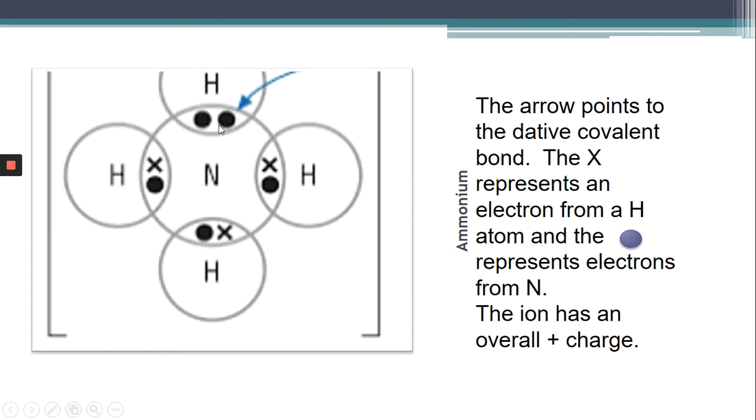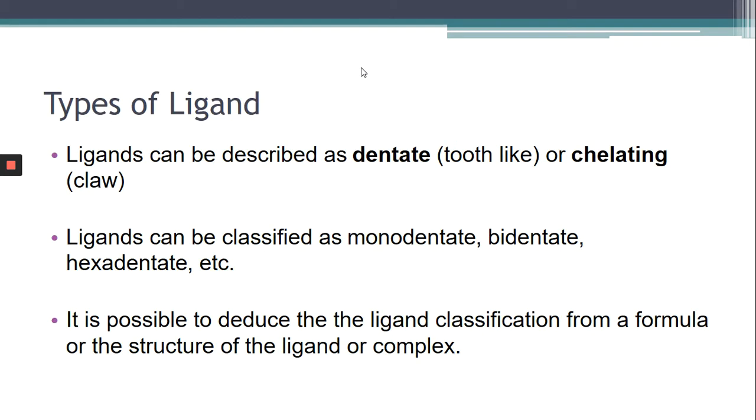Our final bonded hydrogen atom, those 2 electrons come from nitrogen, that's why they're circles, and it's a dative covalent bond. Around it, we've got our square brackets. The reason our square brackets are there is to indicate we've got a positive charge on that whole ion.